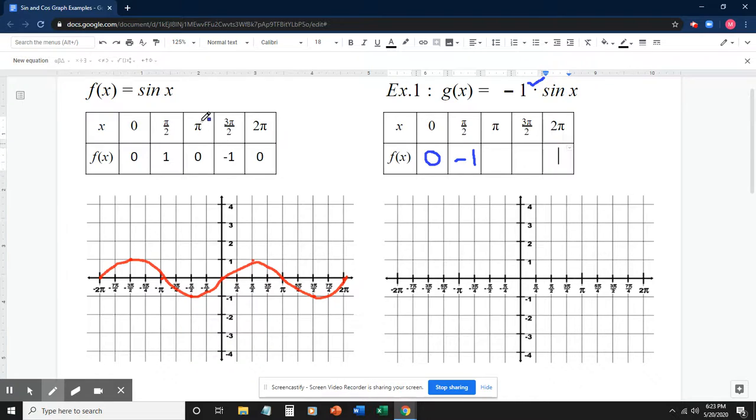When I plug in pi, I still get 0. 0 times -1 is still 0. If I plug in 3 pi over 2, normally I get -1, but now if I take -1 times -1, I get 1. And when I plug in 2 pi, I should still get 0. And that's a 0, not a D or a half note or anything.